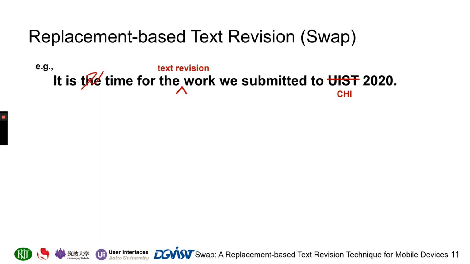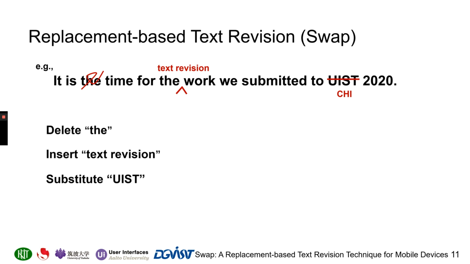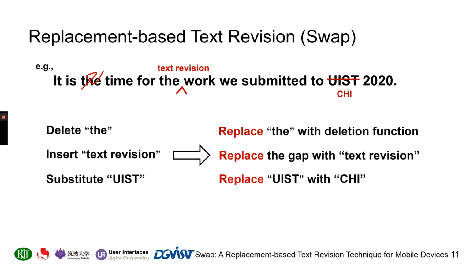With this idea, we can change delete, insert, and substitute into unified replacement operations. It is understandable in mind, but hard to implement in the current mobile text-entry system, because we don't have a visualized deletion function which can appear on the screen just like regular characters.